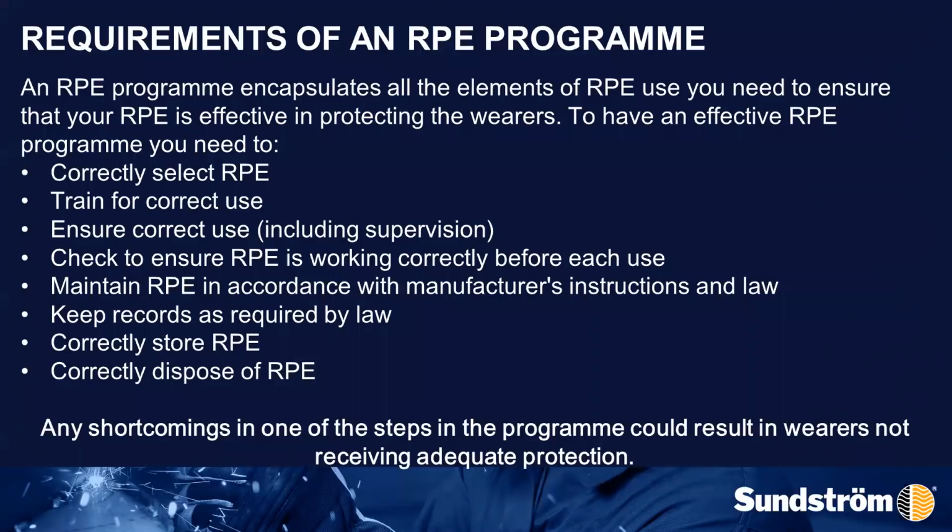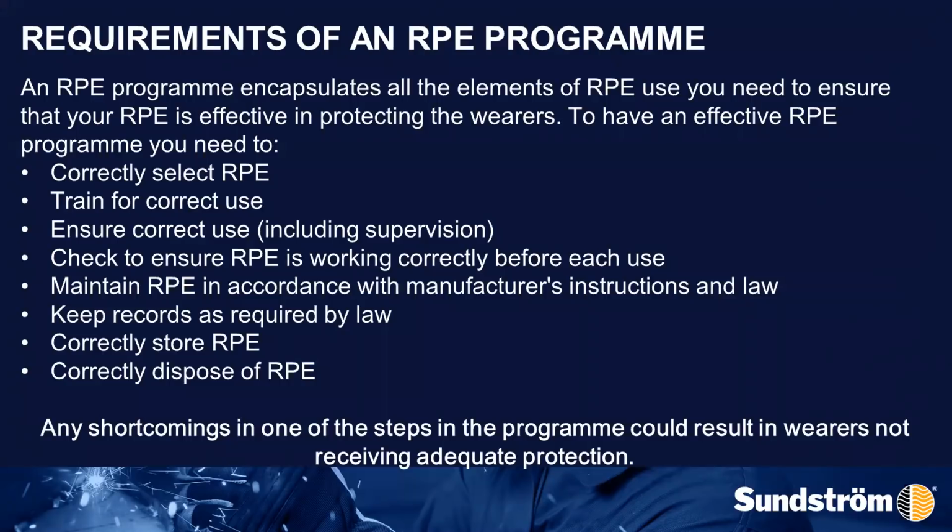Now, to have an effective program, you need to follow a number of steps. You need to correctly select the RPE, you need to train for the use, you need to ensure correct use, including supervision where necessary. You need to discipline if people aren't wearing it. You need to check to ensure that the RPE is working correctly, maintain it, keep records as required by law, in most cases for 5 years, correctly store it and correctly dispose of it.